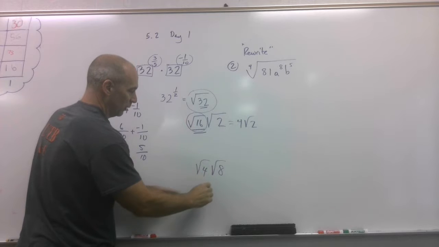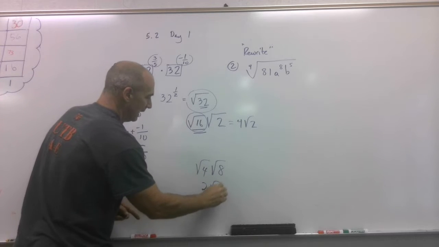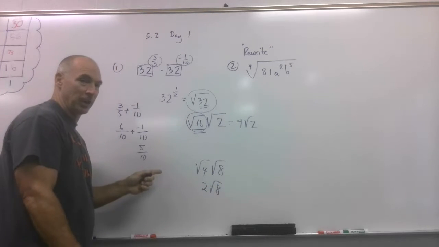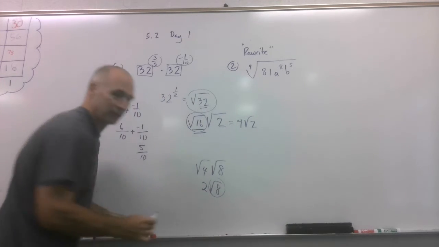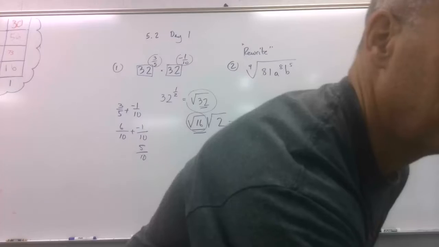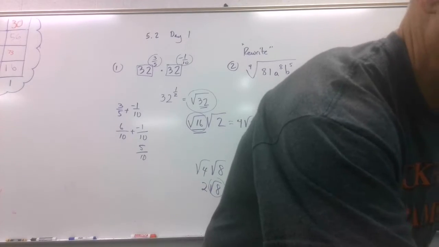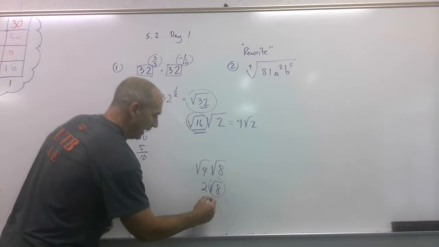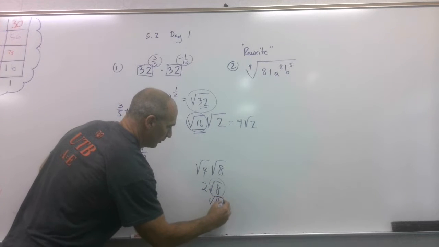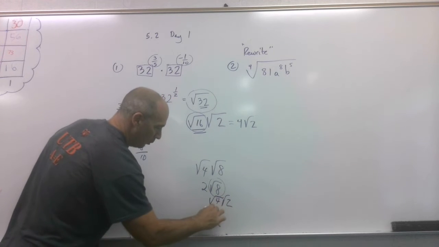What if a student went this way? They'd go 2 square root of 8, and the danger is they'd go, good, I'm done. No, because the square root of 8 can still keep going. Better pause this. So back to this, sorry about that. Get to here, square root of 8 would break down into the square root of 4 and 2, water.